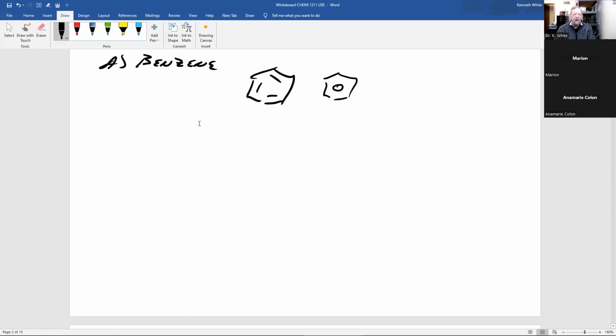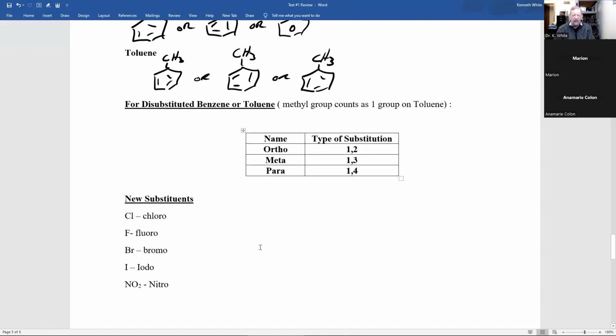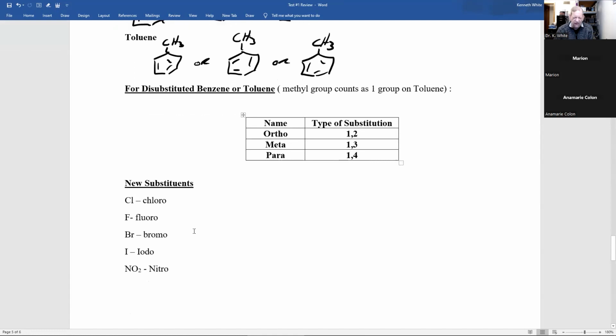Now, when you have disubstituted benzene, and toluene, where the methyl group counts as 1 substituent, we use the names ortho, meta, and para. Ortho is 1,2 disubstituted, meta is 1,3, para is 1,4.